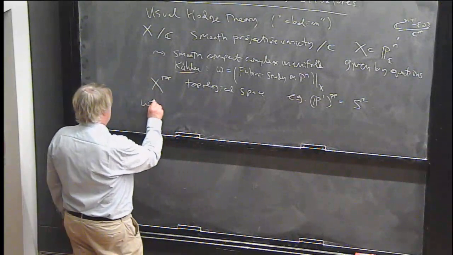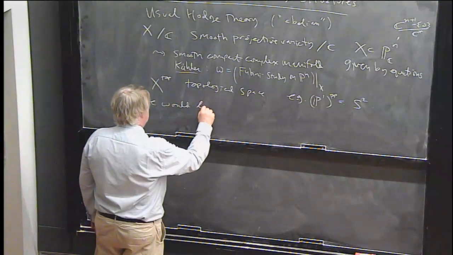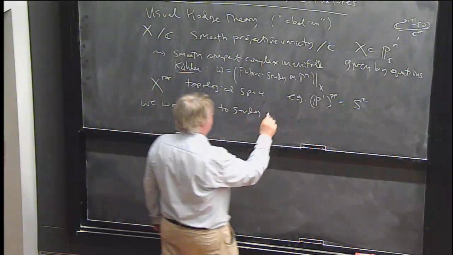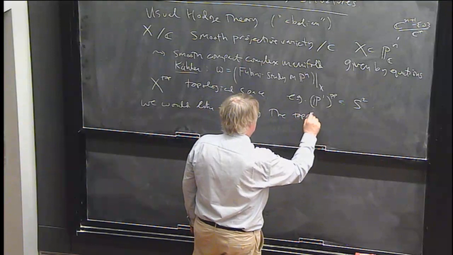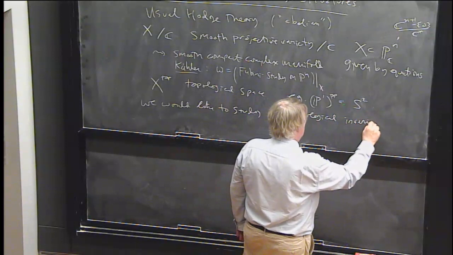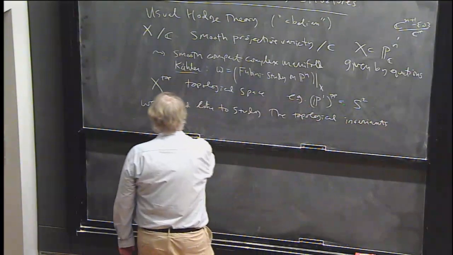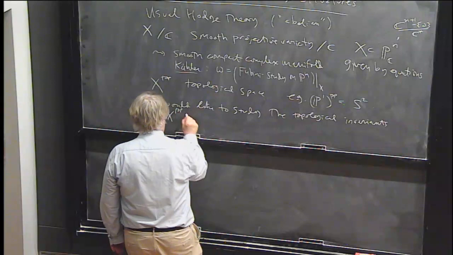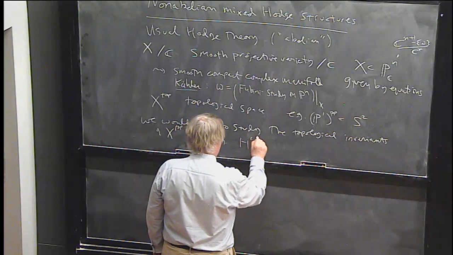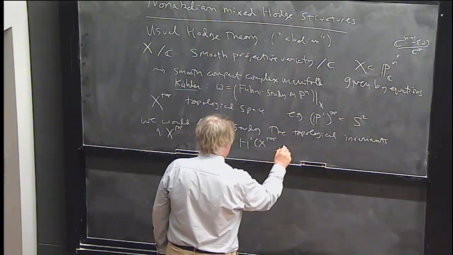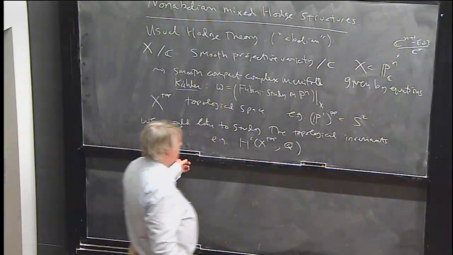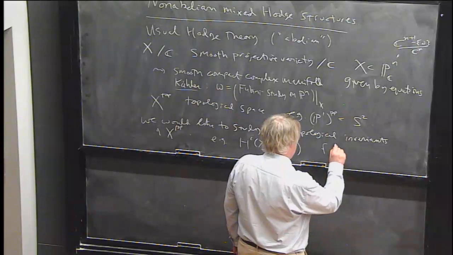We would like to study the topological invariants. The first one would just be the cohomology, with rational coefficients, for example. So this is going to be a finite dimensional Q vector space.